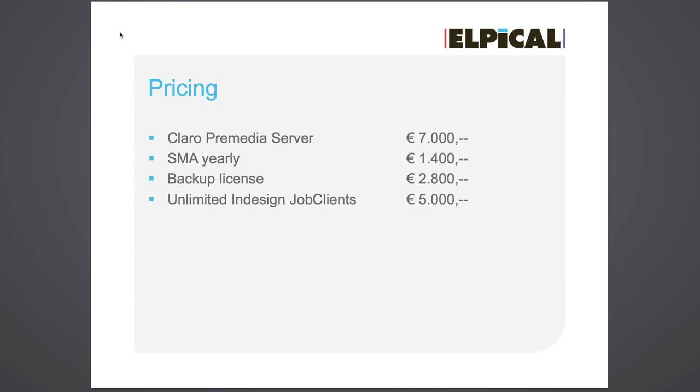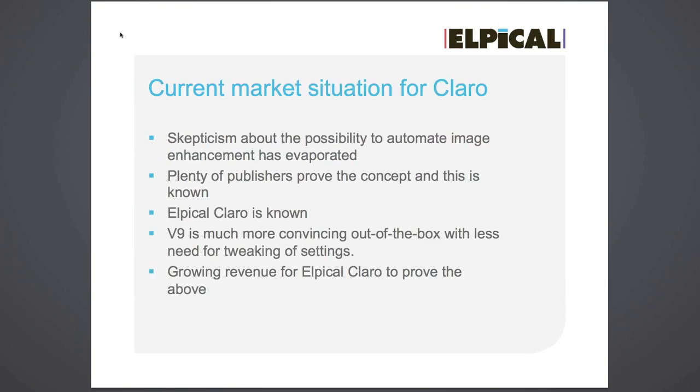So for a base configuration, you will end up spending 8,400 euros, obviously without installation and training, but you'll see that it will be very hard to find any competitor that is able to level that price. I think this is an important part to mention if we look at the current market situation for Claro.